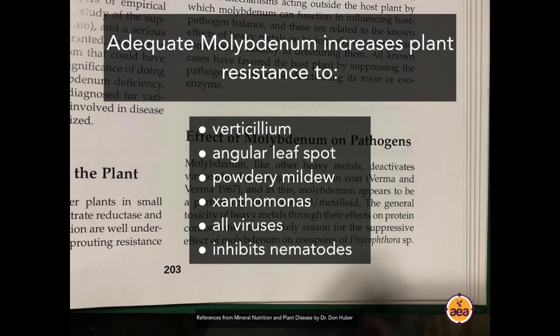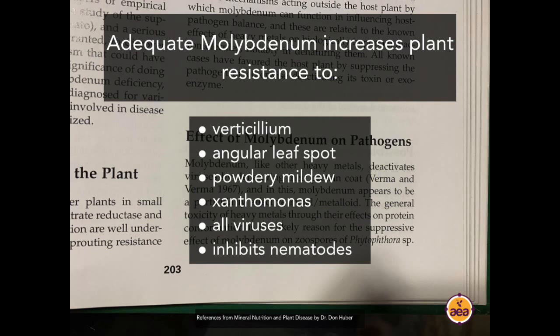And in addition, this is not yet in the peer-reviewed literature that I'm aware of, but from field observation and experience, we've also observed that molybdenum is very important to manage all of the bacterial infections that infect the plant's vascular tissue.